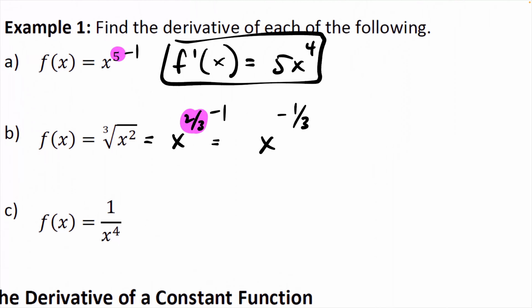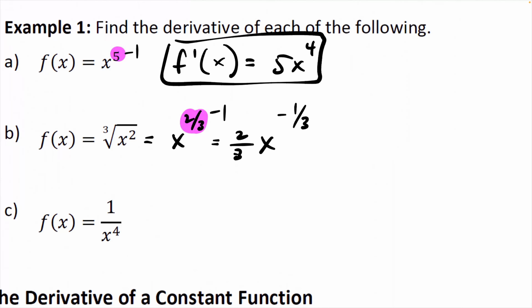And then I multiply by the original power, 2/3. So you can write it like that, or you can write it like this, because really it's multiplying times 2 and dividing by 3. That's 2/3. And we usually don't like to finish with a negative exponent, right?